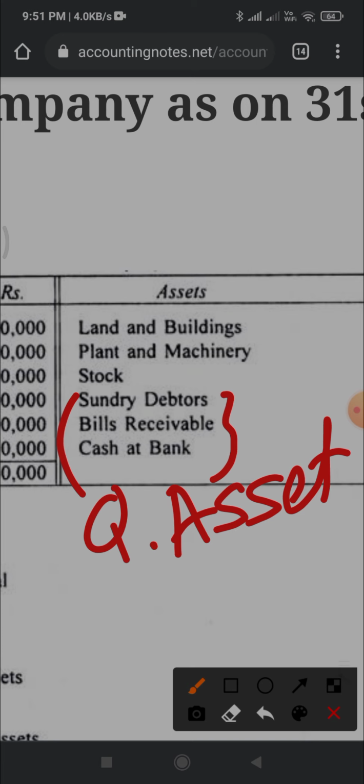Anything you can convert immediately into cash comes under quick assets, because stock is not considered. Sometimes you need to sell the final product in the market, or the raw materials that are there, and it is a very tough job to sell in the market. That is why stock is not considered a quick asset.